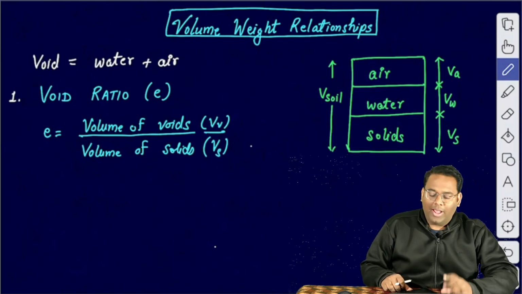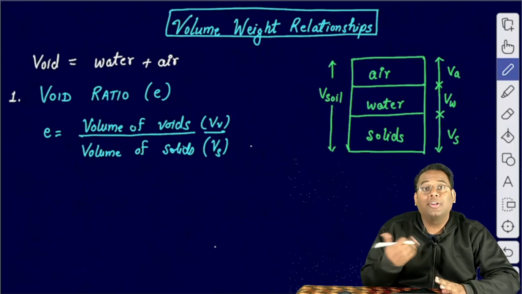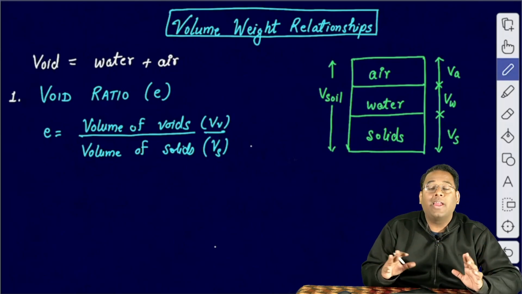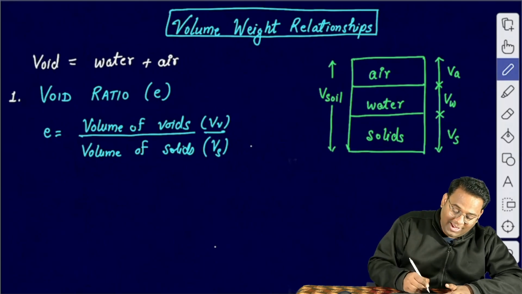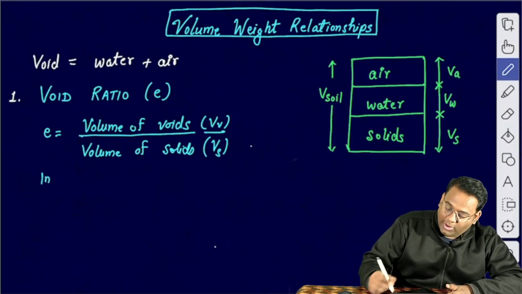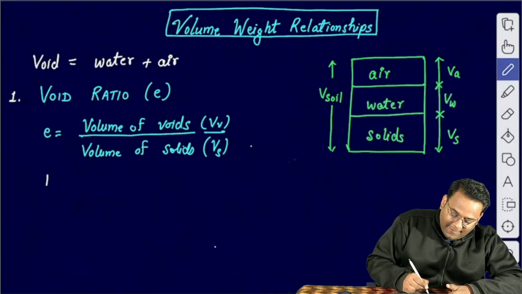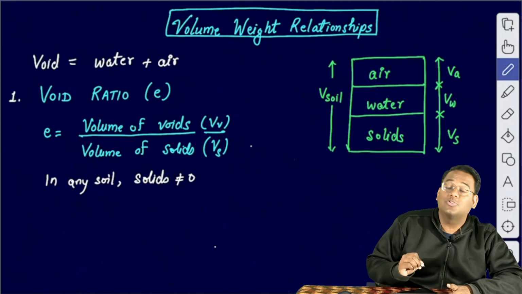Fine. So as you already know, the voids are actually a part of soil. A soil cannot be called a soil if there is no solid. So hence we can say that in any soil, there is no possibility that solids will be zero. So solids cannot be equal to zero.